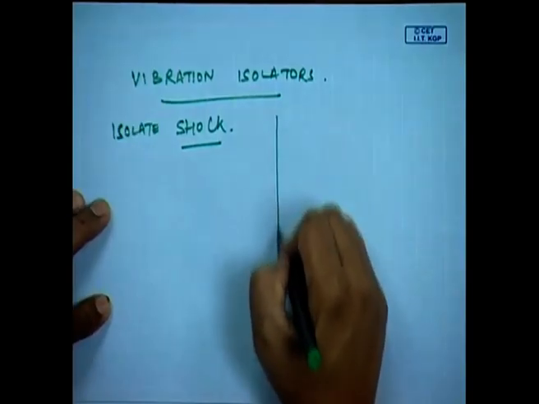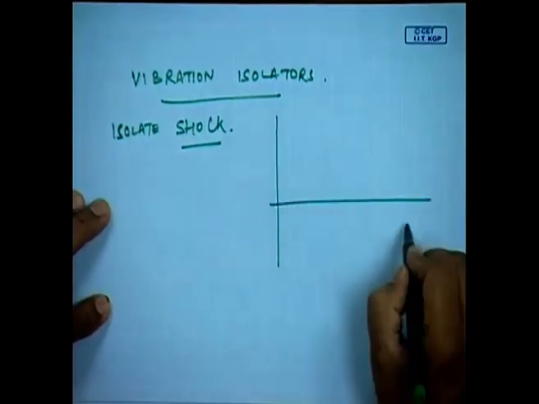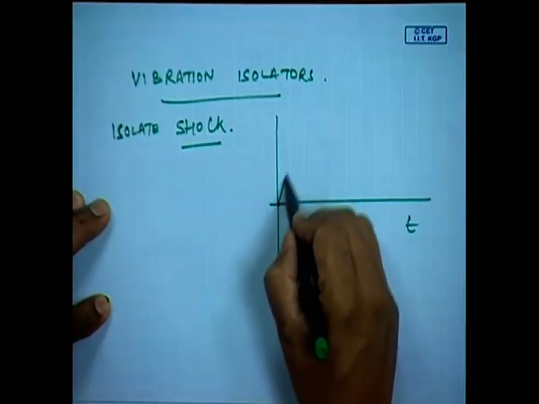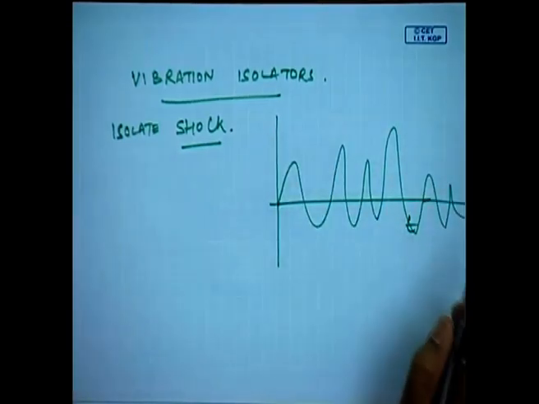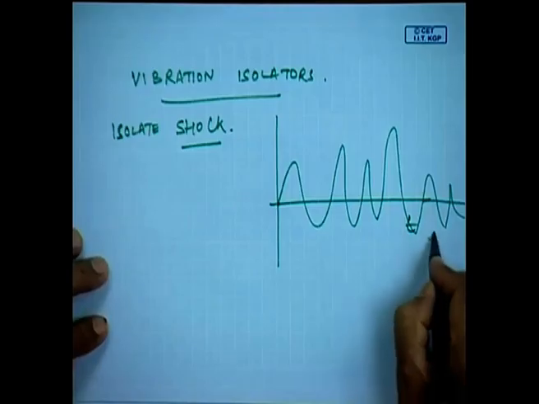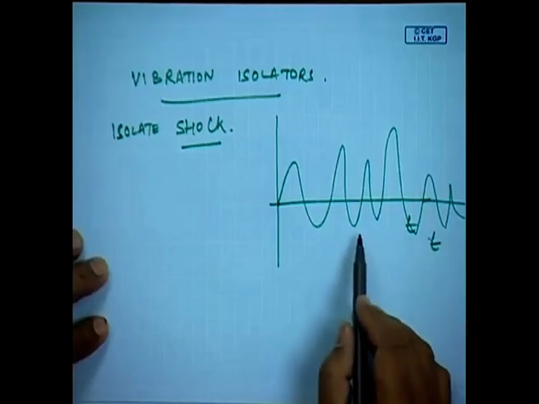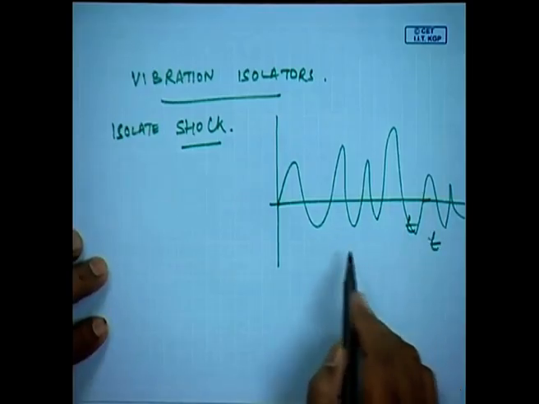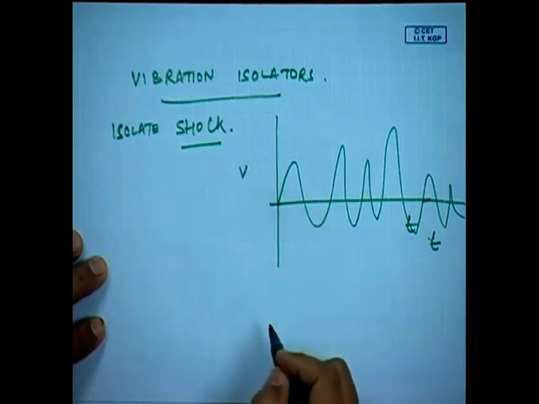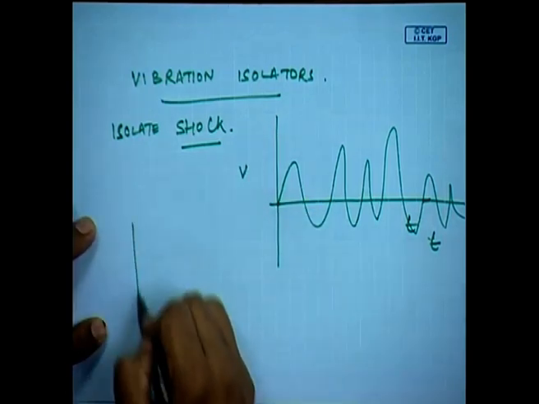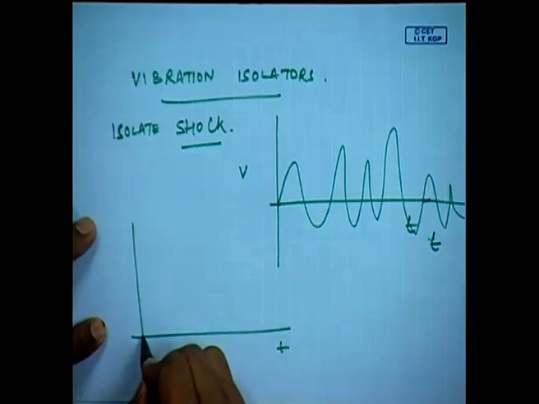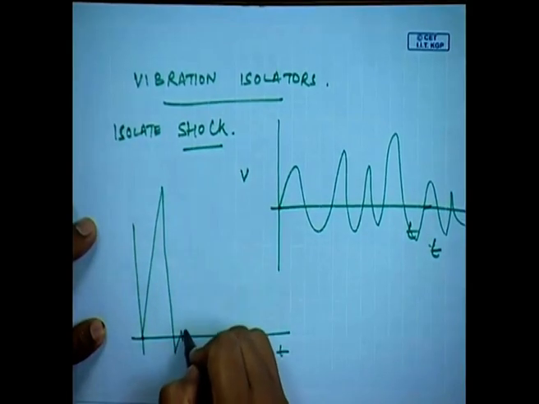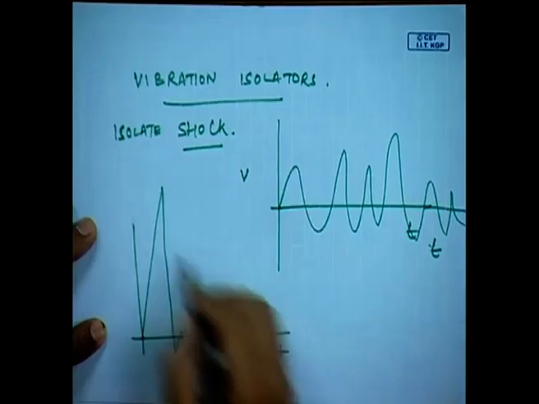For example, you would have studied about vibration, wherein in the time domain, there will be a lot of frequency components of such a time history of the vibration signal. But a shock on the other hand is a large motion occurring for a fraction of a time.